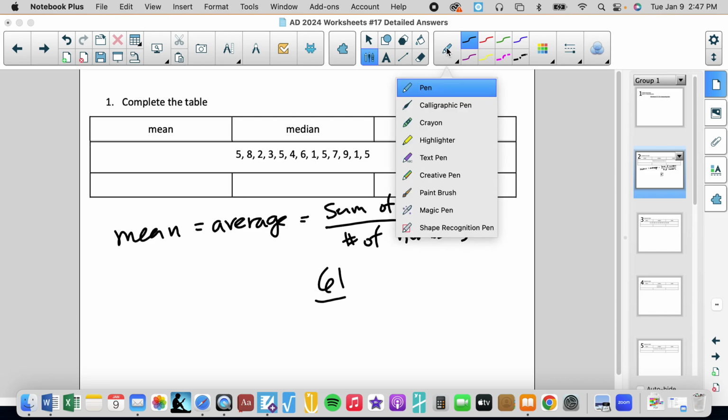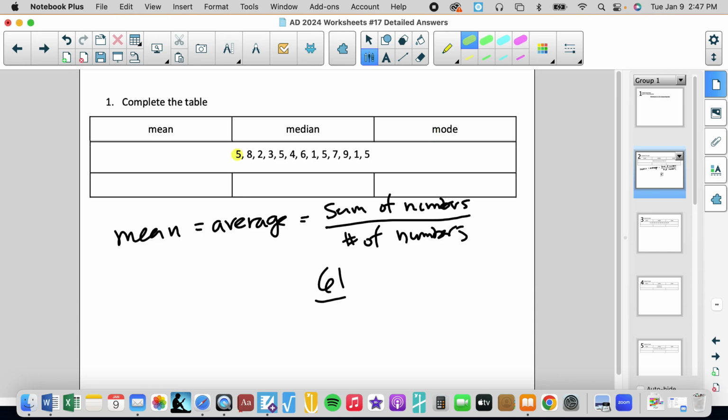We had 1, 2, 3, 4, 5, 6, 7, 8, 9, 10, 11, 12, 13 numbers. 13, so we're going to divide 61 by 13. Ugh, I didn't do it correctly. 61 divided by 13 gives me, ooh, did I do that? I'm already wondering if I did it correctly.